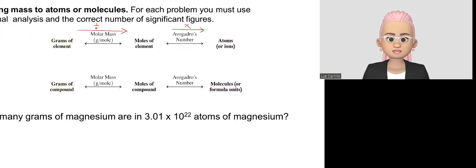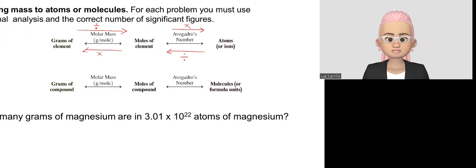If we are doing the reverse, going from atoms to moles, we're going to divide by Avogadro's number. And if you have moles and you need to find grams, you are going to specifically multiply by the molar mass of that element. So the same operations can be applied to grams of compounds to go to molecules or vice versa.